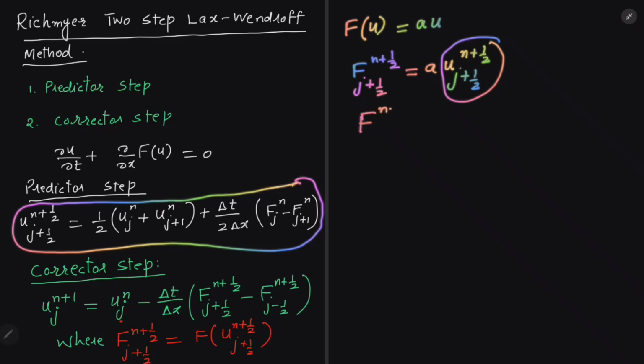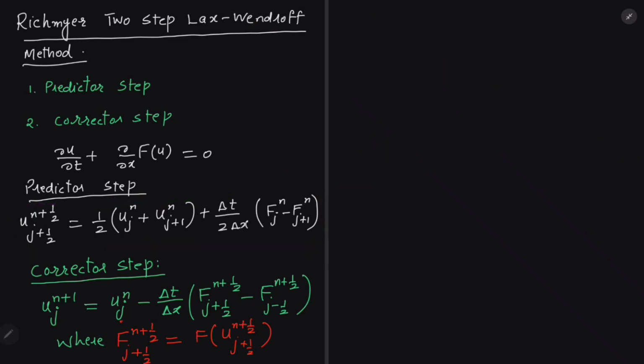Similarly, we can obtain n plus 1/2 j minus 1/2. So what we do, we replace j with j minus 1, so we get j minus 1/2. In that case, that u will be for j equal to j minus 1, we have u n plus 1/2 j minus 1/2.